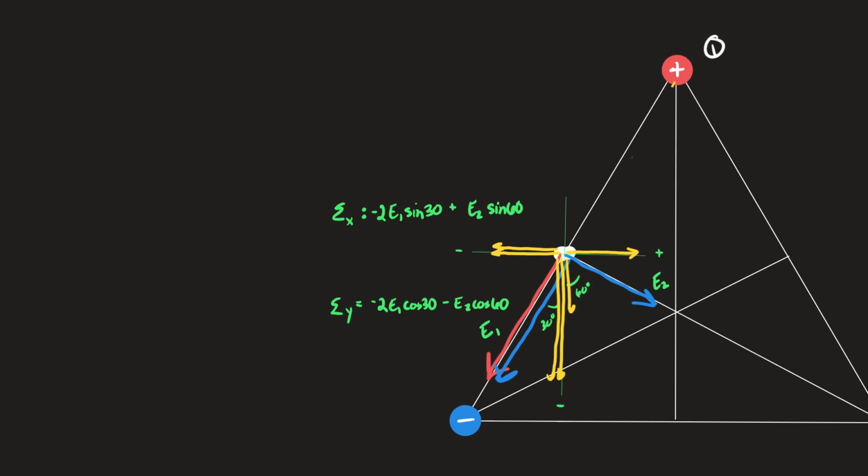So now I need to come up with an expression for E1 and E2. E1 looks like it's going to be based on this distance. We already know what that distance is. Well, maybe. I tried last time. I was failing, but I'm pretty sure we can still do this. What's this distance going to be from before?